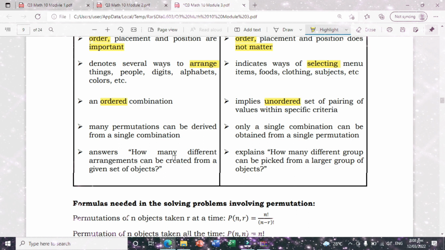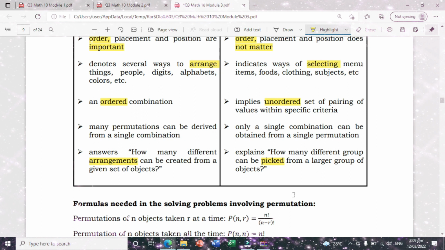Then, answers how many different arrangements can be created from a given set of objects. So, arrangement pa rin. While sa combination, explains how many different groups can be picked, chosen, ano ba yan? Selected.